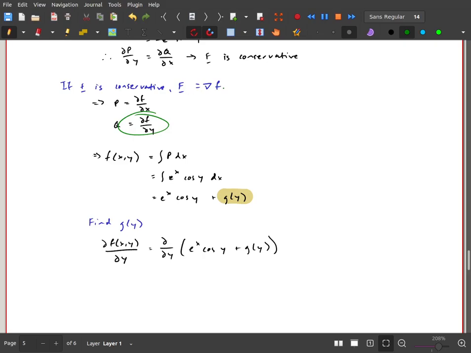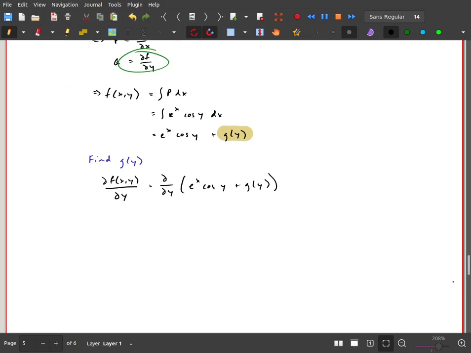Because that's the definition of a conservative field. Capital F must be equal to grad f, and grad f has the partial derivative of f with respect to x and the partial derivative of lowercase f with respect to y as the components. So we know what those partial derivatives should be equal to, and from there we can figure out what g of y is.